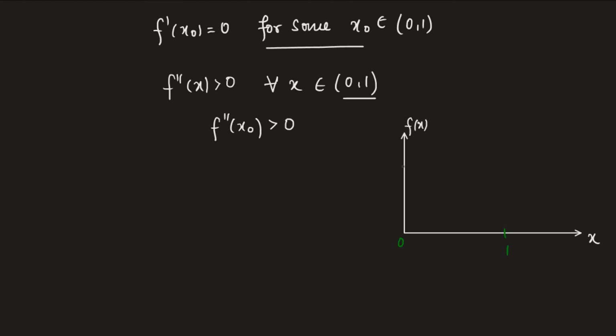So the given function looks something like this, such that it has a zero slope at the point x0.